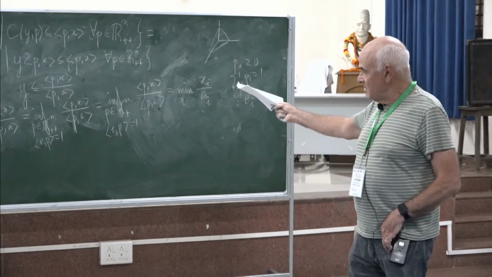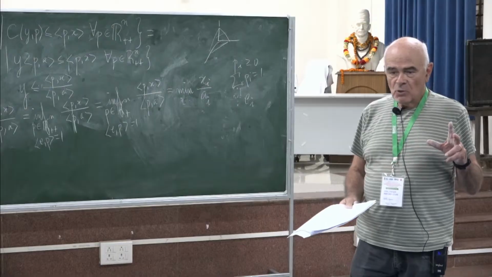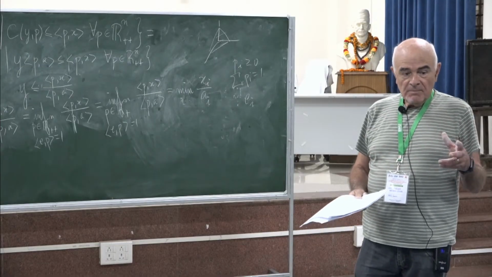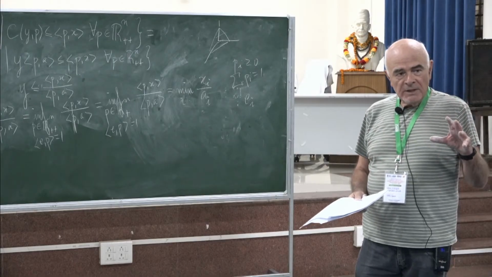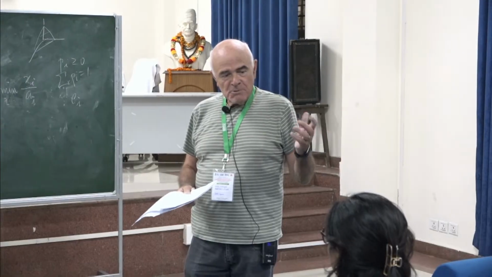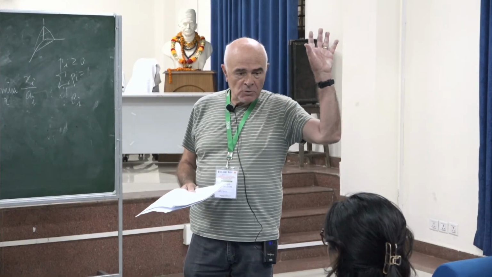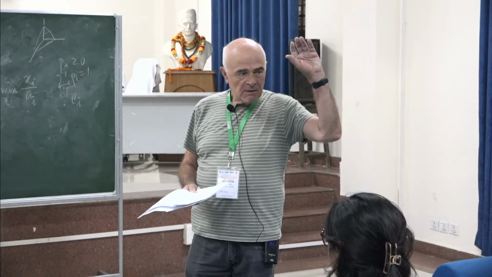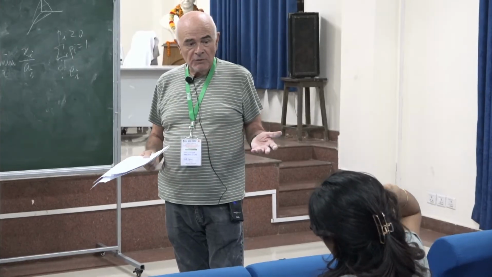So a function is quasi-convex, and it follows immediately from what I said, if and only if on every compact convex set it attains its maximum at some extreme point. Maybe other points too, but at least one extreme point is an optimal solution. This is if and only if.